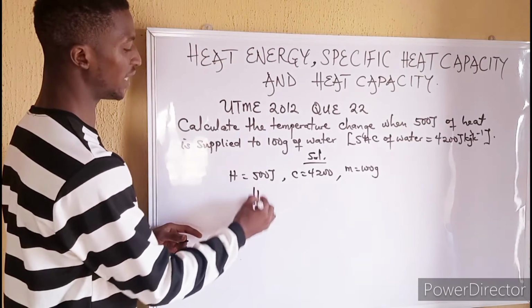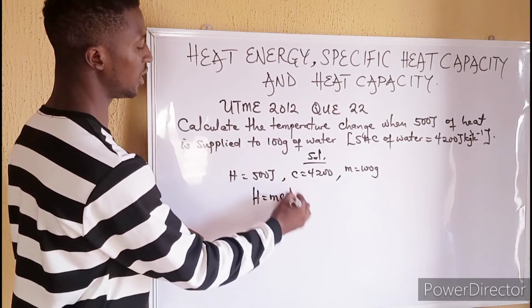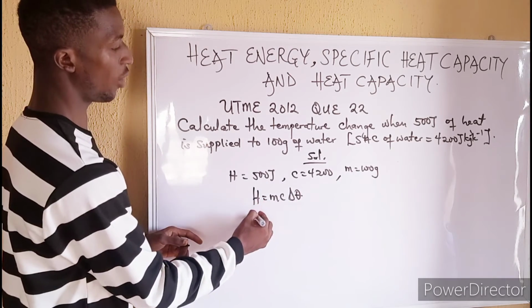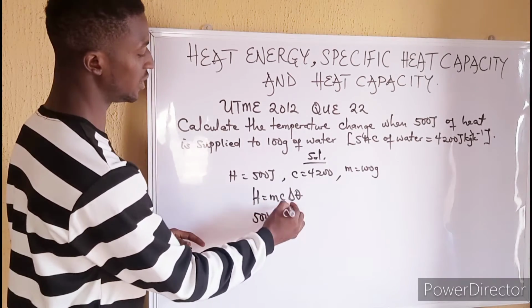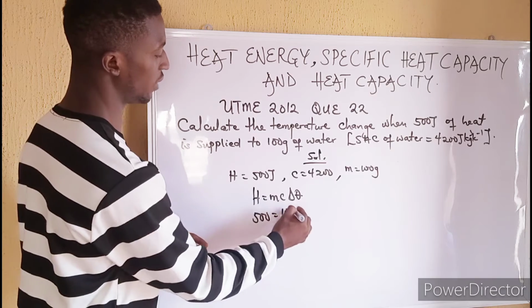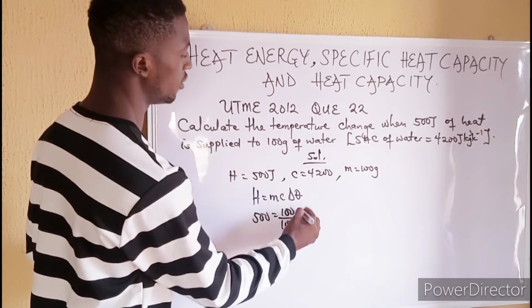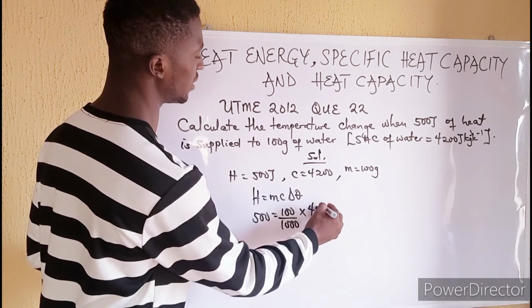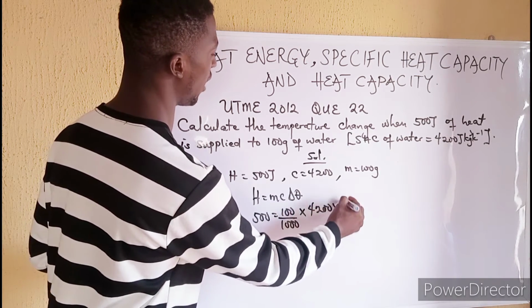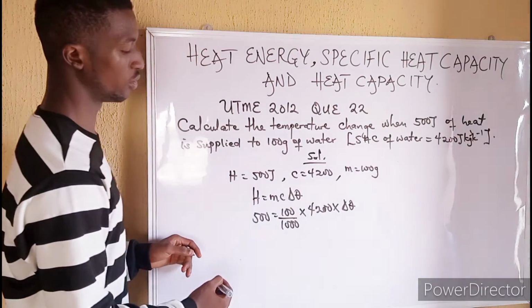So in this case, H is equal to MC times the change in temperature. Our heat is 500, which is equal to the mass, 100, which you convert to kilograms by dividing by 1000, multiplied by the specific heat capacity, 4200, and multiplied by the temperature change, which is unknown.